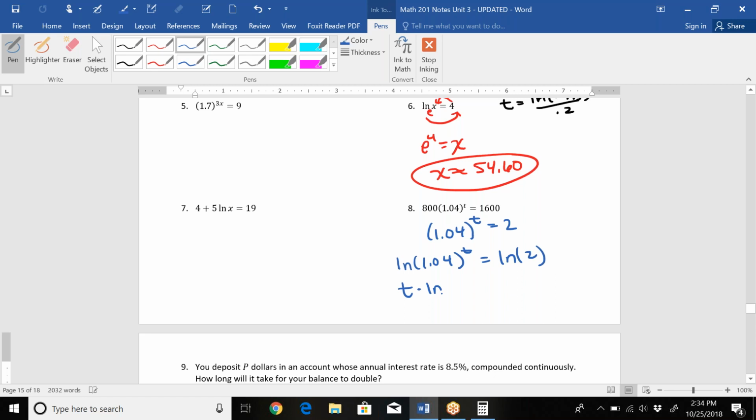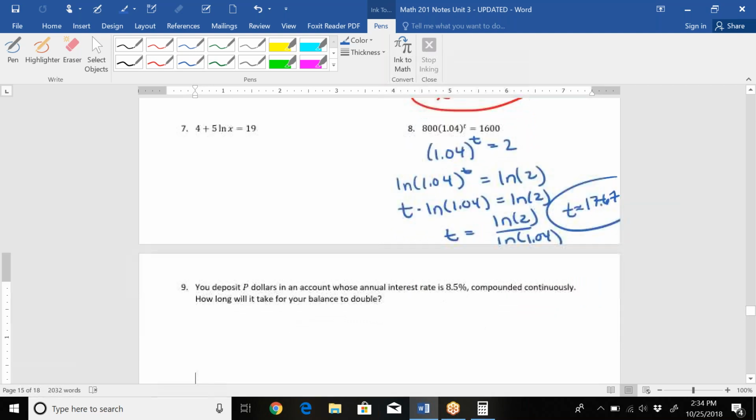So this is t times natural log of 1.04 equals natural log of 2. So you're going to be solving this by dividing. So natural log of 2 divided by natural log of 1.04. And when I did that earlier on my calculator, I got 17.67.